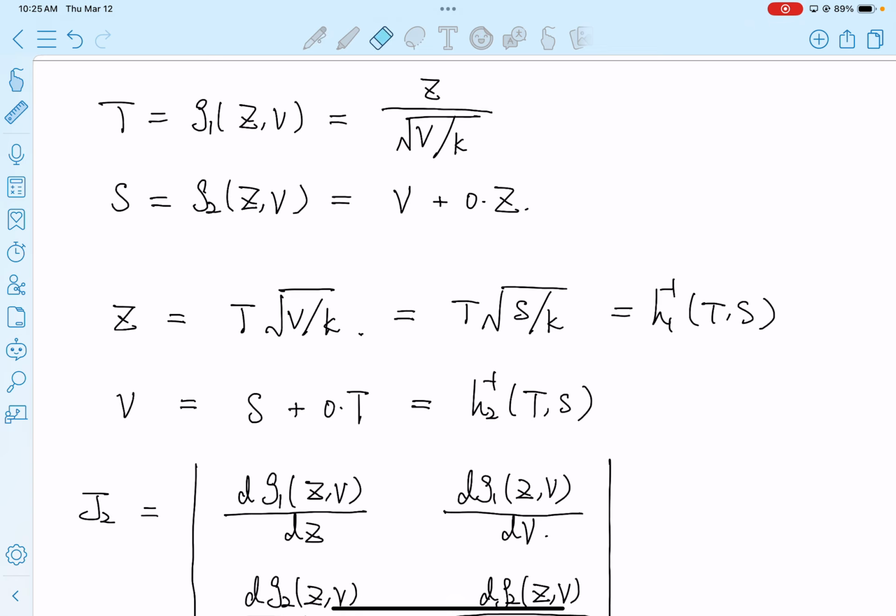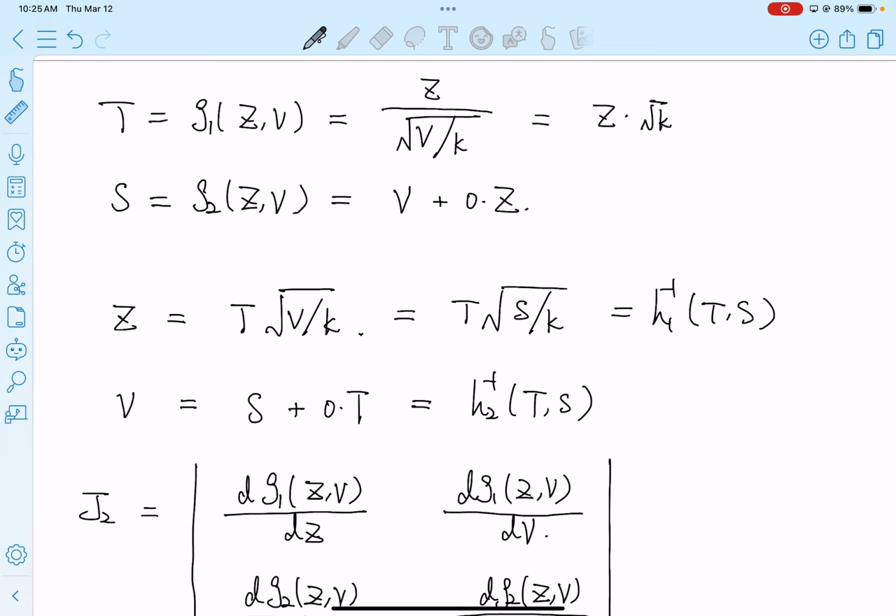Here we have a fraction where the denominator is another fraction. So let's rewrite this a little bit differently. We have the z as itself, and then divided by another fraction. The denominator can be transferred into the numerator, so we will have a square root of k. And then in the denominator, we have a square root of v.